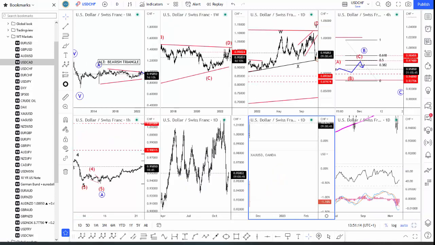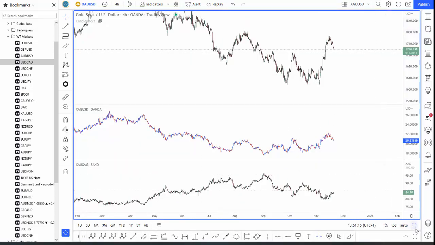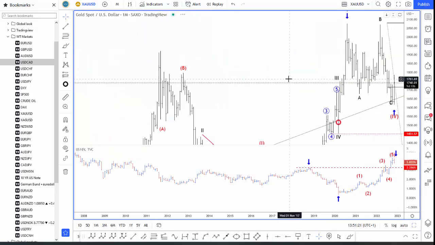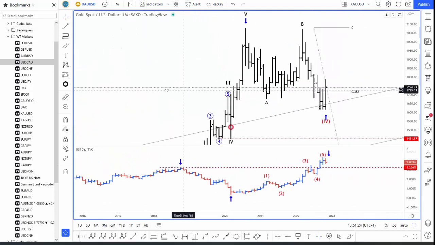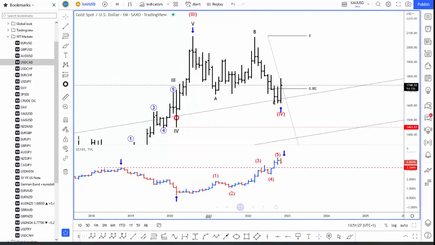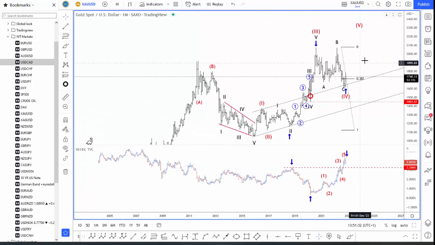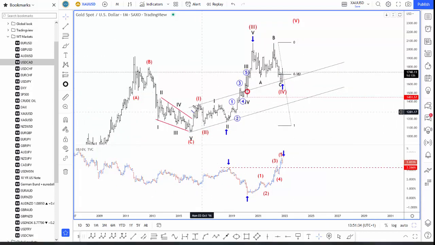So I want to look at the gold wave counts, and what is very important for me is that we have seen quite an aggressive reversal in the last few weeks. Notice that gold was able to find support at the upper trend line of this base channel, and normally this trend line will provide the support or even the low of a wave 4, especially when the previous trend line was broken, which confirms that this is the 3rd wave.